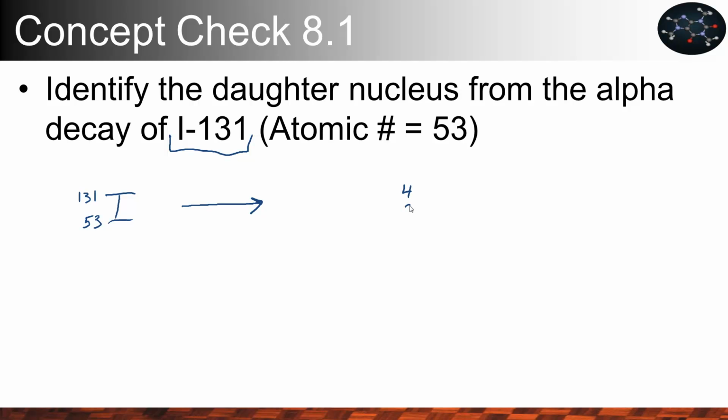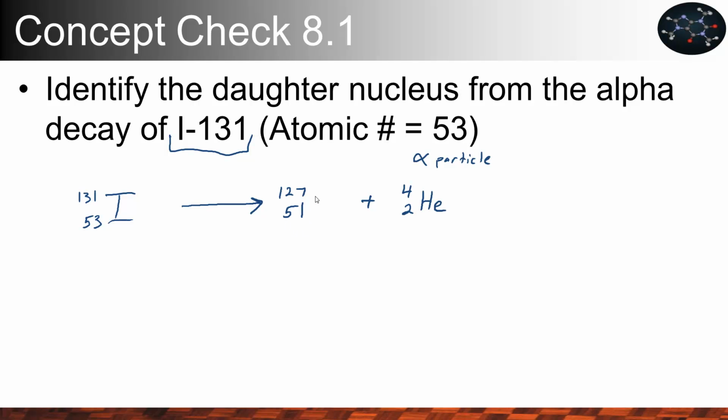We draw that it's going to give up a helium nucleus as the alpha decay particle. Okay. And whatever is left over will be 4 lower in the top number. So we're looking at 127. And 2 lower in the atomic number.